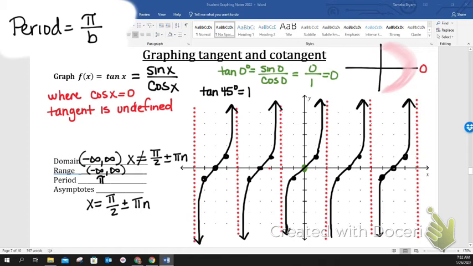All right, let's go ahead and try to graph cotangent, and then we will end there. So cotangent is cosine over sine. So now your asymptotes are going to occur where sine is 0. So look at your unit circle and figure out where sine is equal to 0, and draw your asymptotes in.